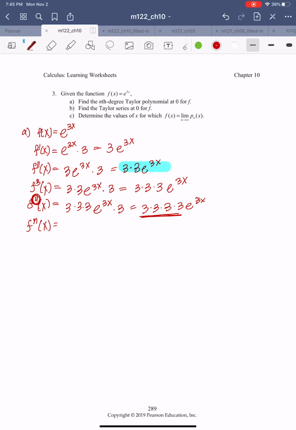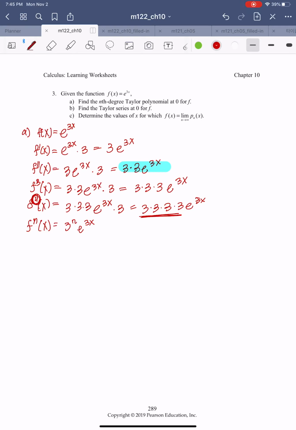So for the fourth derivative, we multiply 3 four times, times e to the 3x. So I'm going to end up having 3 raised to the n, times e to the 3x. So that will be the pattern for our derivative.